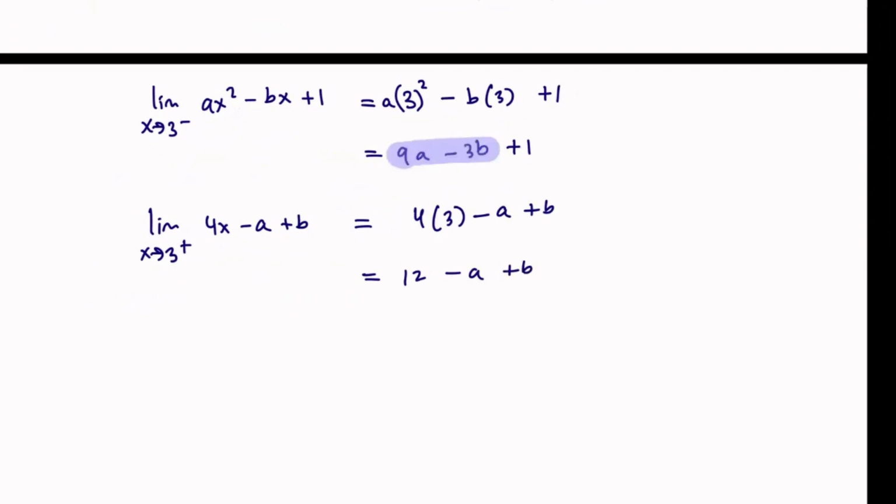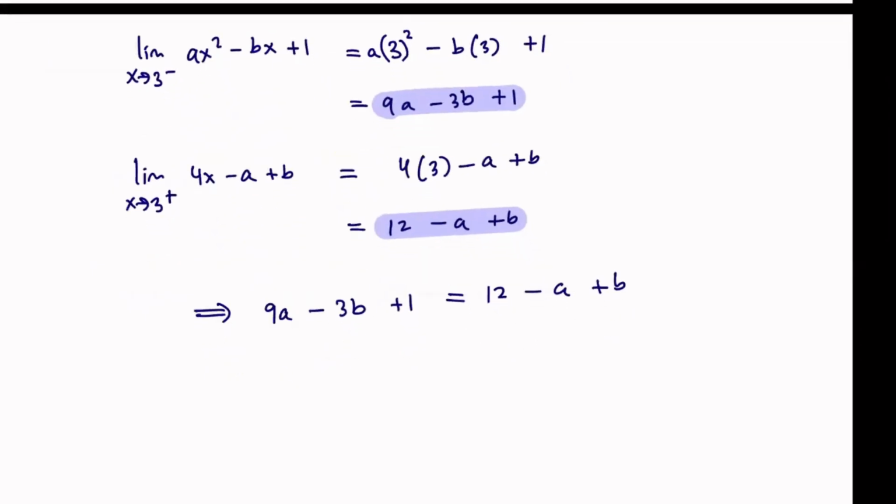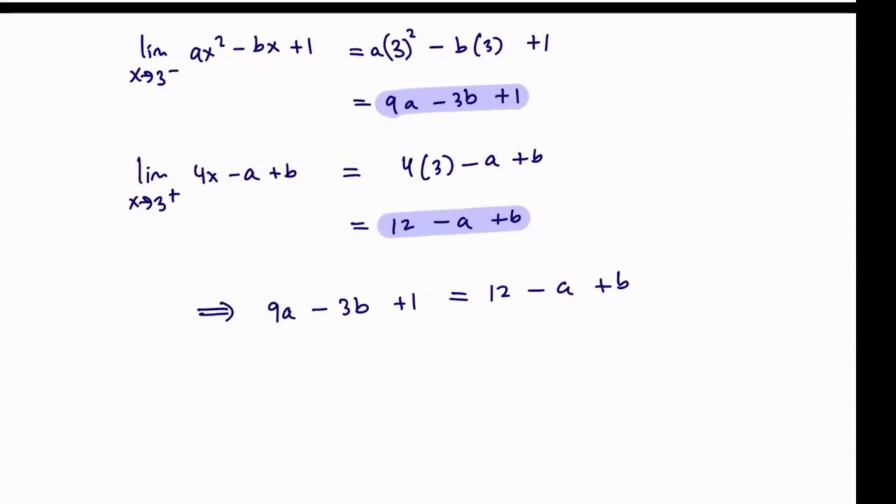So now we set both of these equal to each other by definition. And again, f of 3 is going to be this selection as well. So we now have 9a minus 3b plus 1 is equal to 12 minus a plus b. And now let's try to manipulate this. So I'm going to go ahead and subtract 12 on both sides.